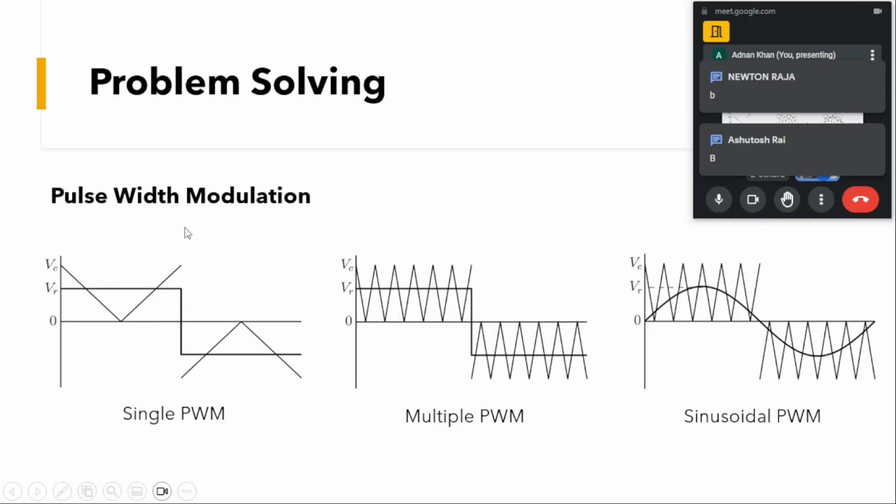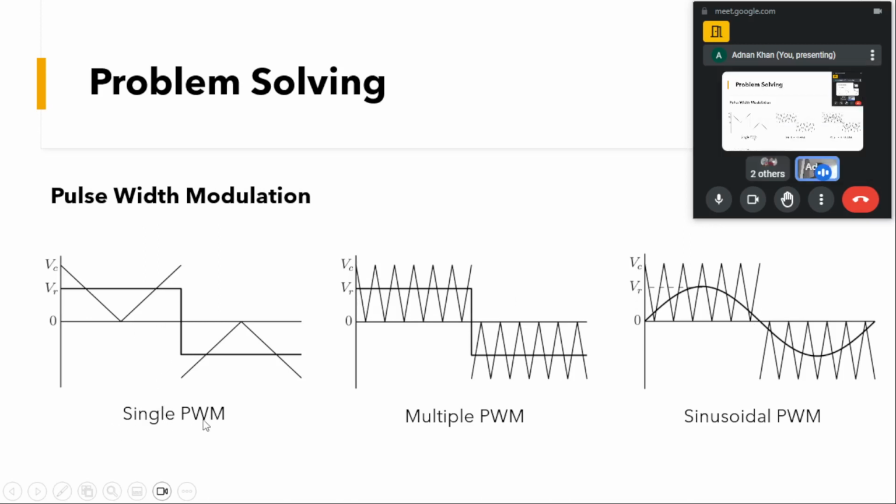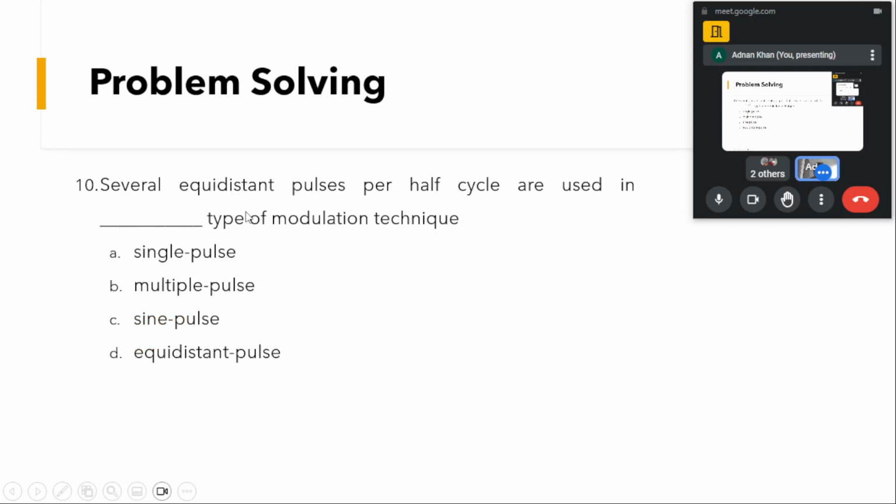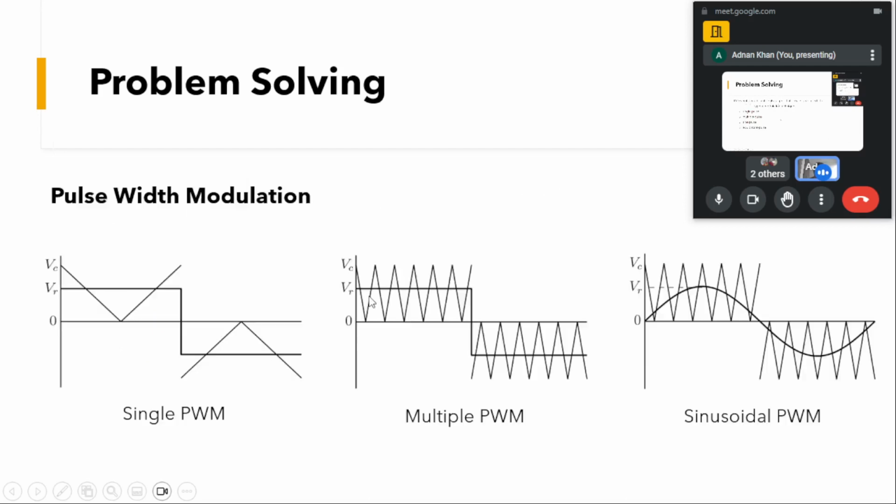Let's see. We have different things, like first the single PWM. It says equidistant pulses, meaning n number of pulses, but with single PWM we can generate only one pulse per half cycle, so this is not correct.